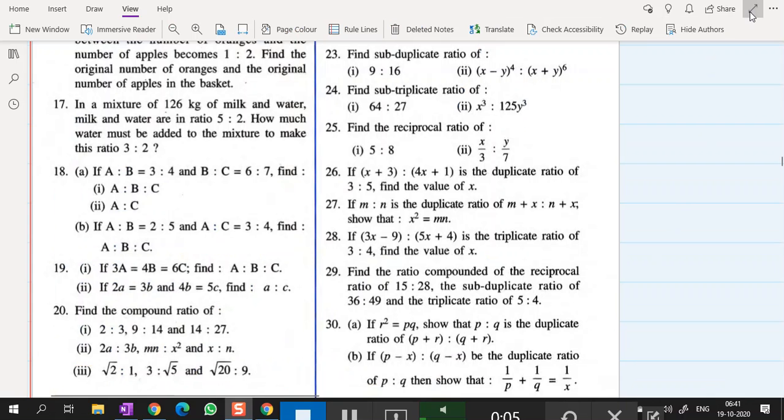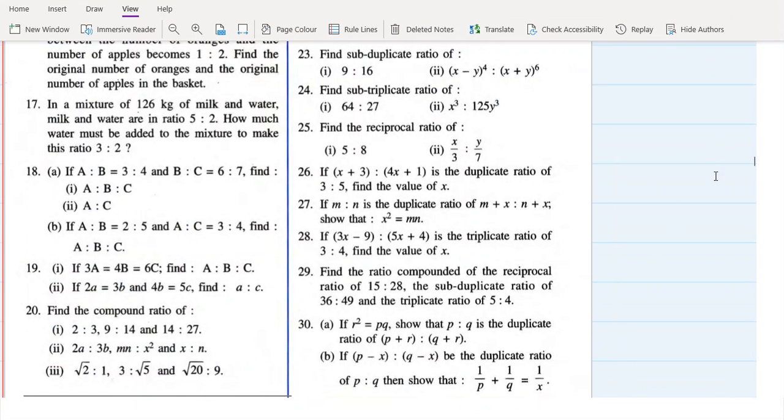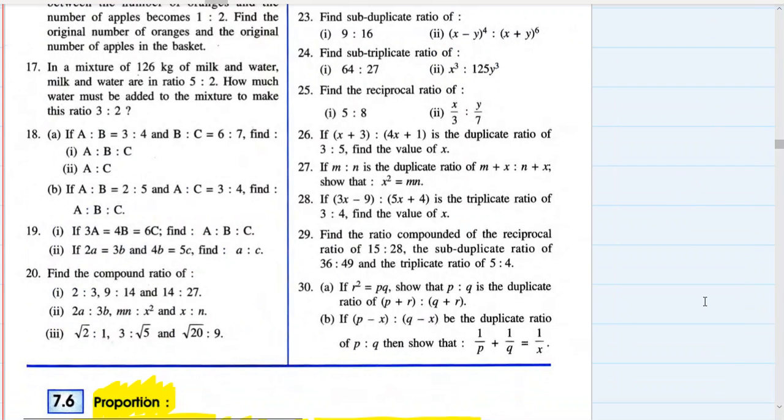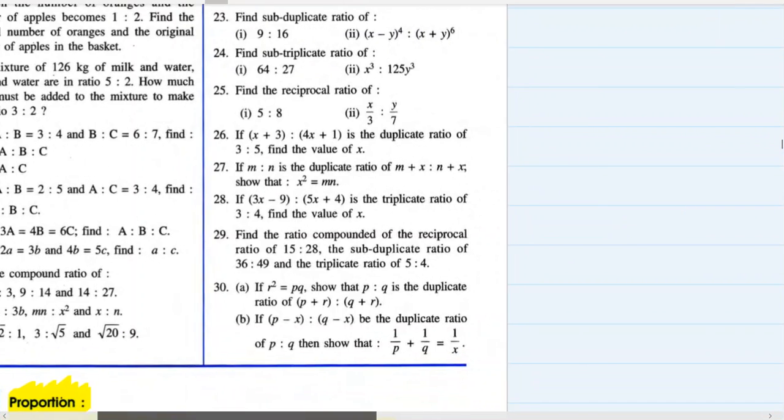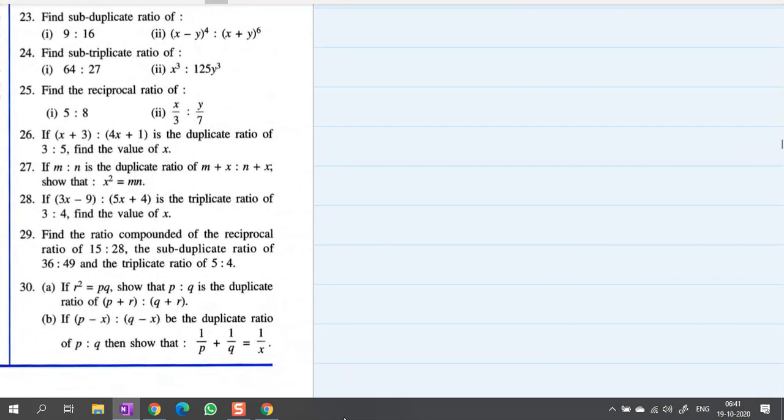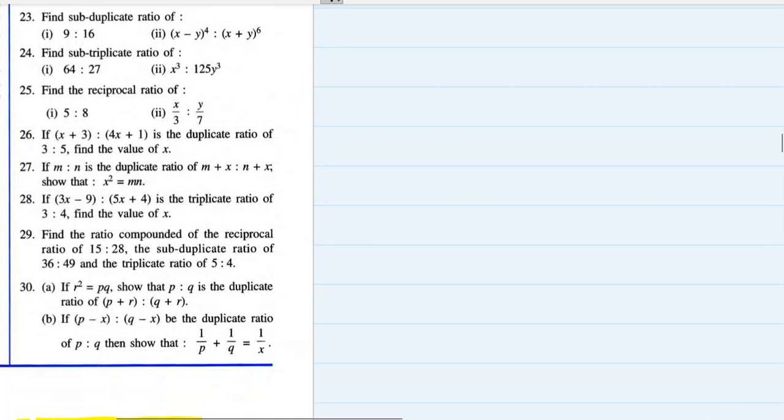Okay, so the first doubt is from exercise 7A, question number 27. It says that if m is to n is the duplicate ratio of m plus x is to n plus x, so m plus x the whole square upon n plus x the whole square is equal to m upon n.